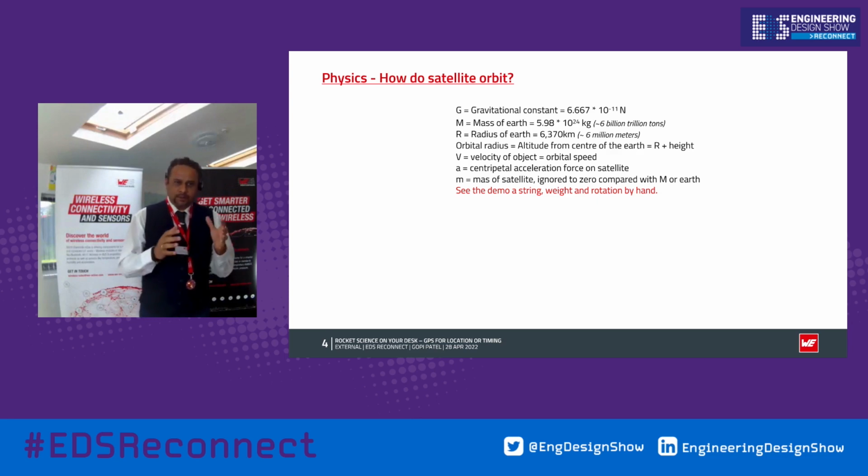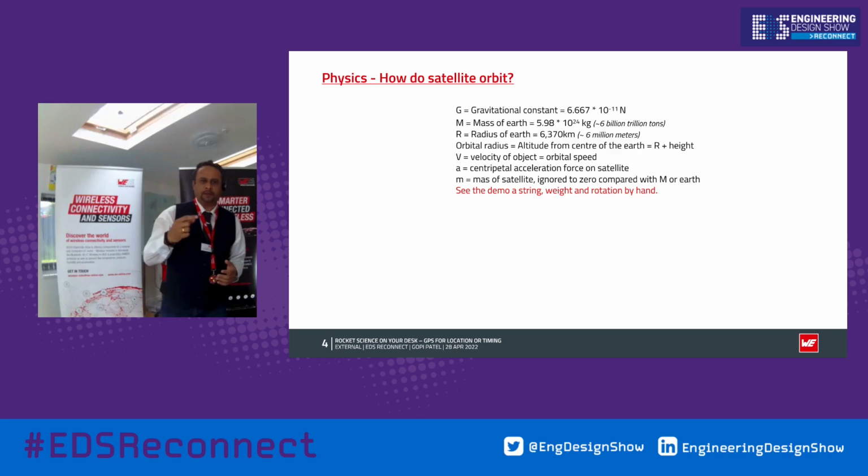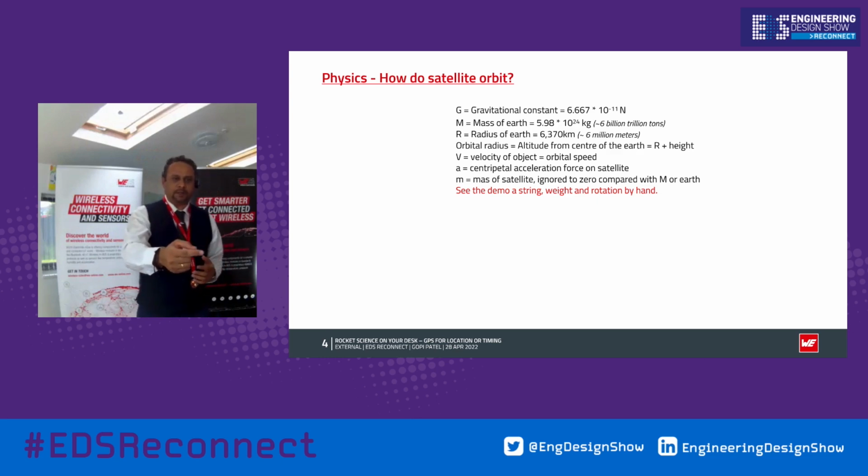Now, the radius of the Earth is 6,370 kilometers, but the satellite orbits at a particular height, and that's where you have the next item, the orbital radius, which is the height above sea level plus the radius of the Earth. Then we need the velocity of the object, or orbital speed, or angular velocity, you can say.